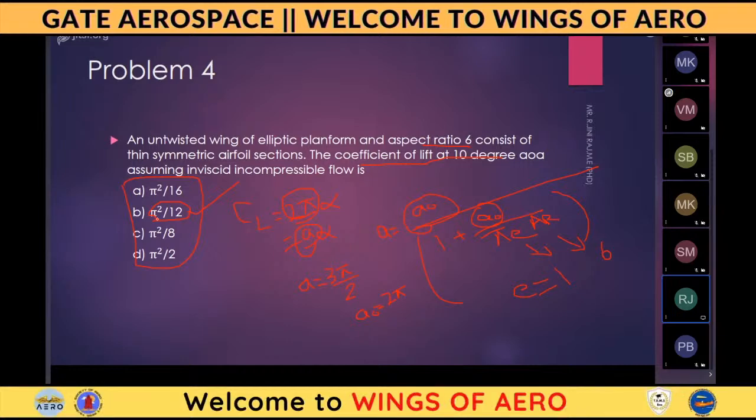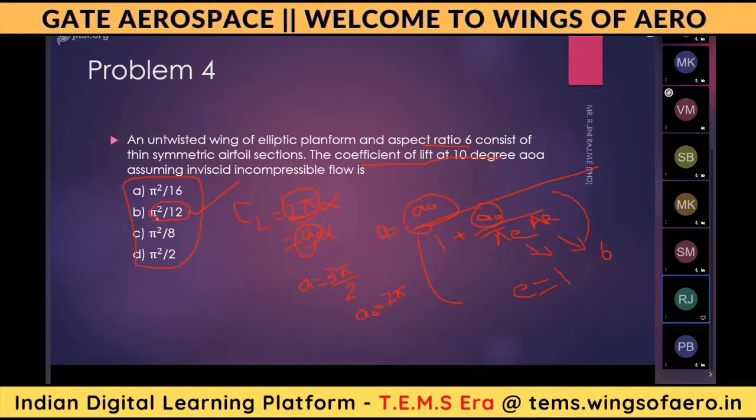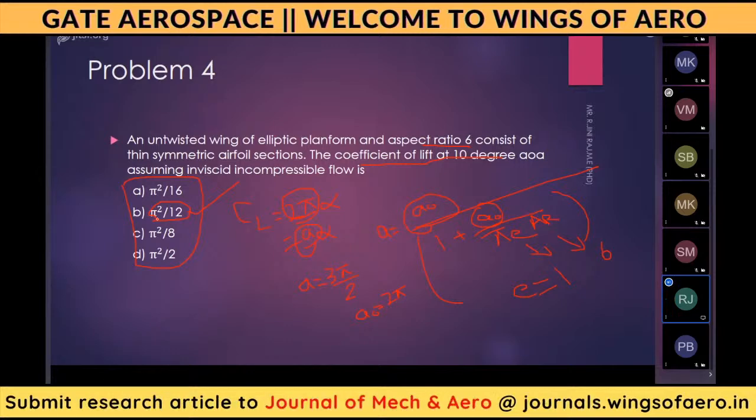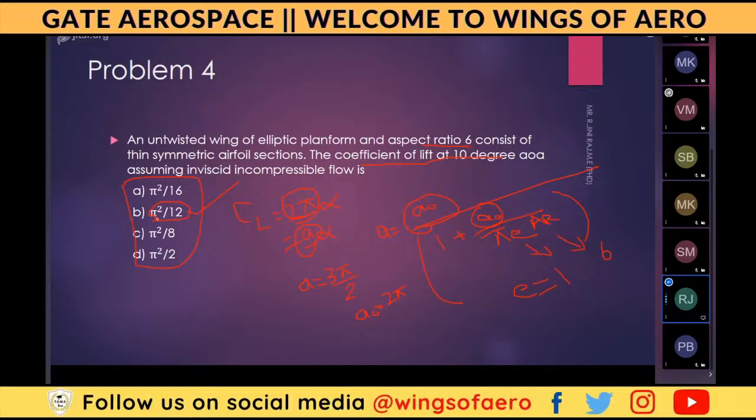Sir, I think it will be -2 to -1 degrees. Yes, first thing, it should be a minus value. That's the most important thing. Suppose they ask whether the zero lift angle of attack for a cambered aerofoil is negative, zero, or positive.